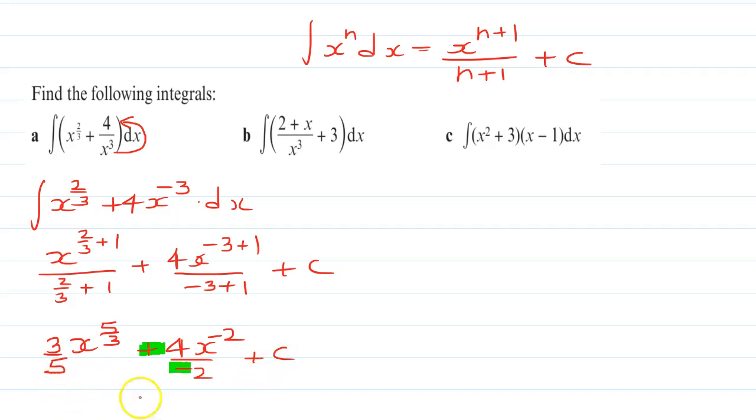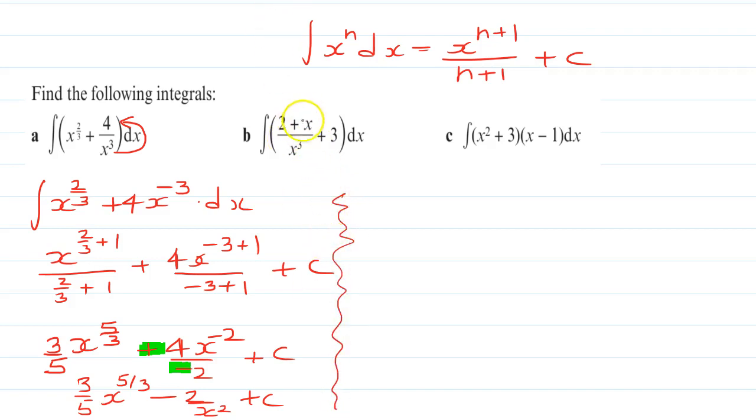So we can write down here 3 over 5 x to the power 5 over 3 minus 4 divided by 2, that is 2, x to the power minus 2, either you write minus 2 or you can write down 2 over x squared, and plus c. Nice and easy. Now the next question is the b part.